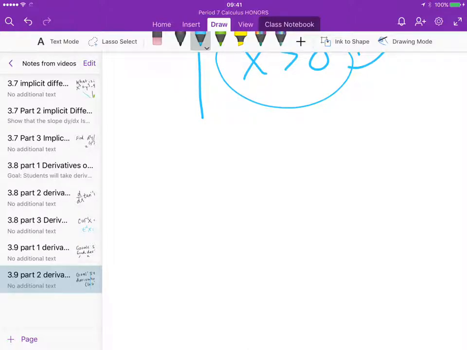As we wrap up this video, we want to look into the formula for our log with a base a. That was our second part of the goal. When we're finding the derivative of log base a of u, we have an easy formula, but we also have a stipulation: as long as a is greater than 0 and a does not equal 1, because we all know what happens to the natural log of 1.